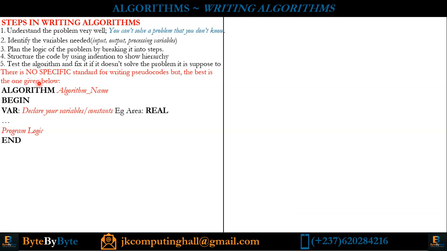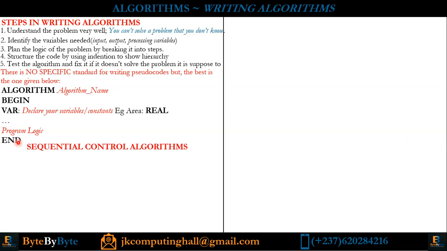That is, you have the keyword algorithm, you give the algorithm name, you begin, you declare your variables, that is, declare variables and constants. For example, if I have the variable area, which is a real, I will say area colon real. I give my program logic and I end. Personally, this is the best standard for writing pseudocode.